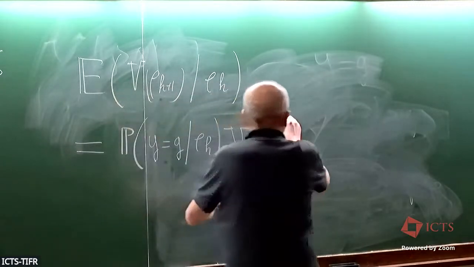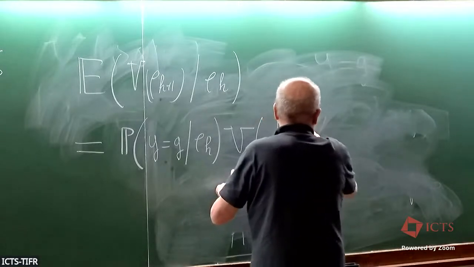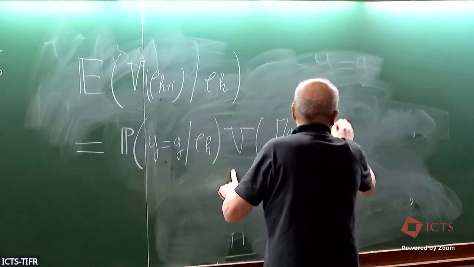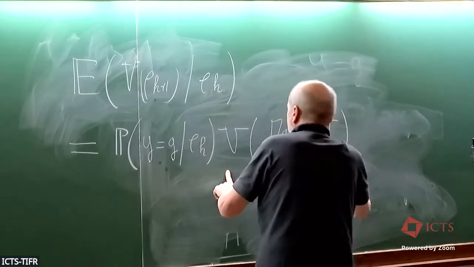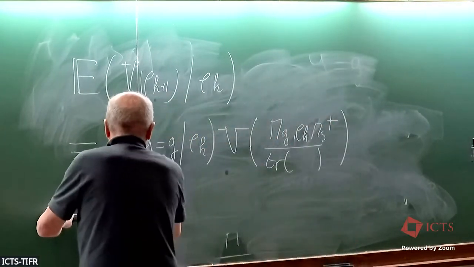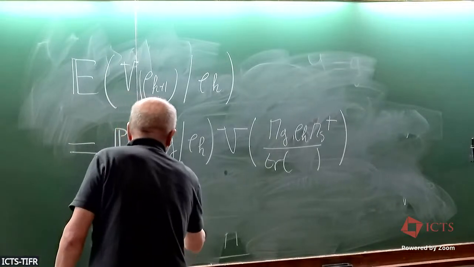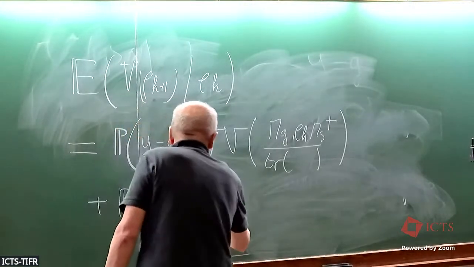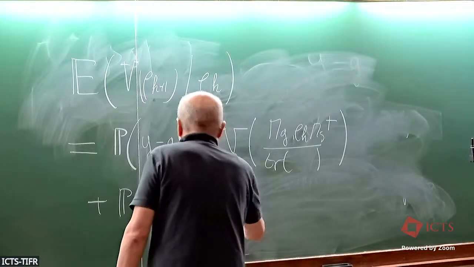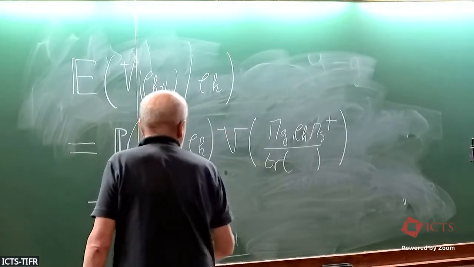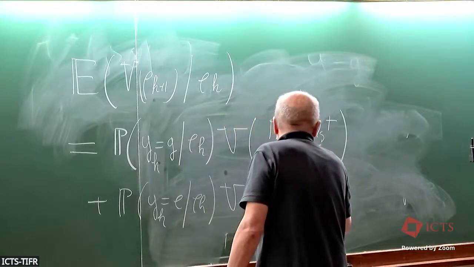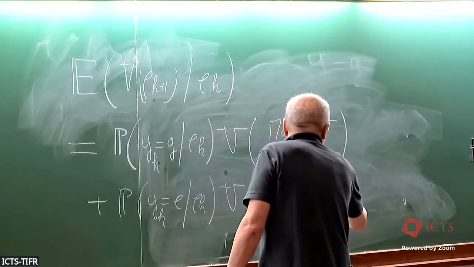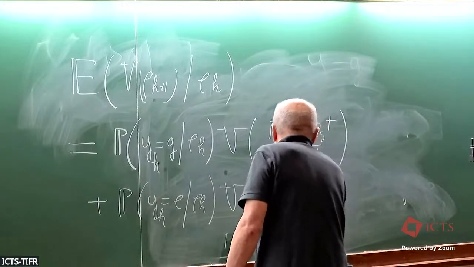So it is M_g rho k M_g dagger over the trace, plus the probability that y is equal to e knowing rho k, and here I take the value of V when I take M_e rho k M_e dagger over the trace.